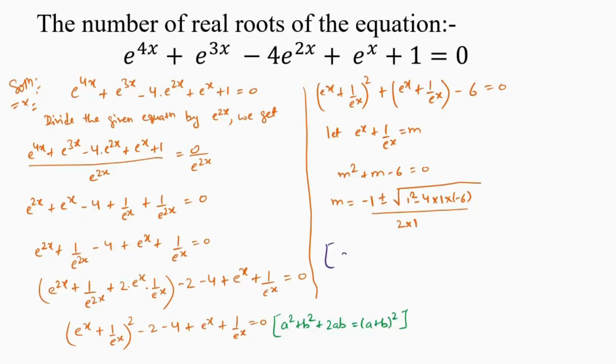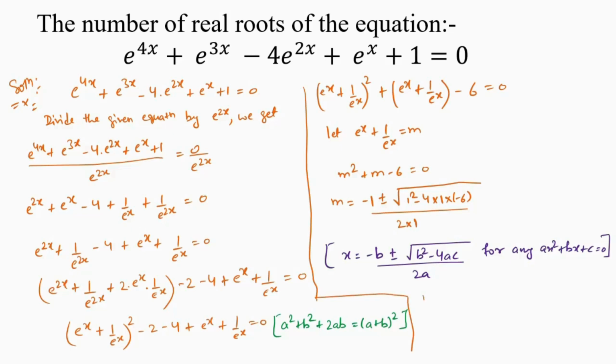As we know, x is equal to minus b plus minus under root b square minus 4ac divided by 2a for any quadratic equation ax square plus bx plus c equals 0.